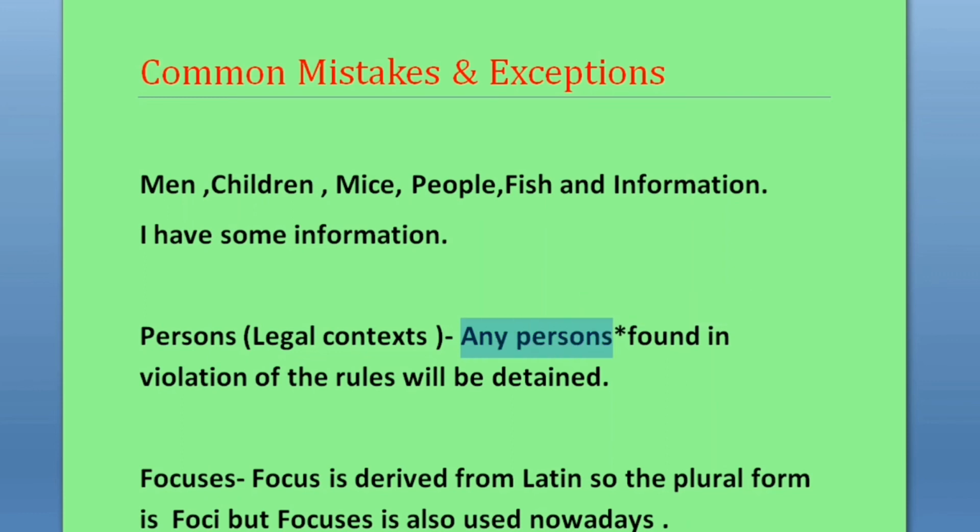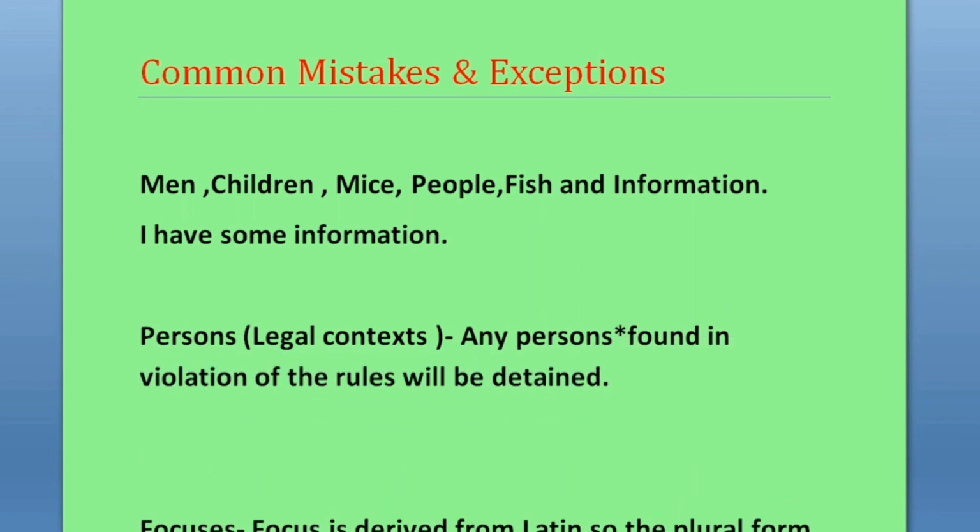As you see in this example, any persons found in violation of the rules will be detained. So it is a legal notice, right? So in this context, we can use persons, but not in general sense. General sense, we have to use people as a plural. So persons can be only used when you are drafting a notice or giving a legal notice. In legal context only we can use persons.